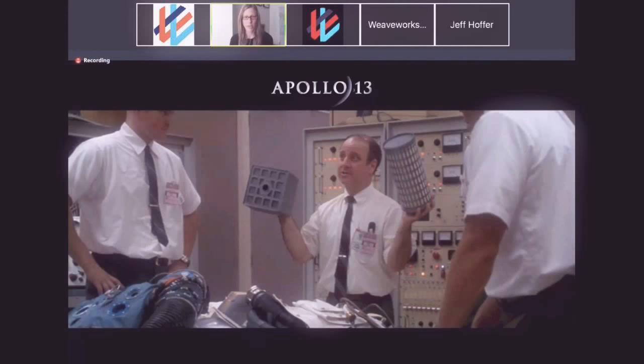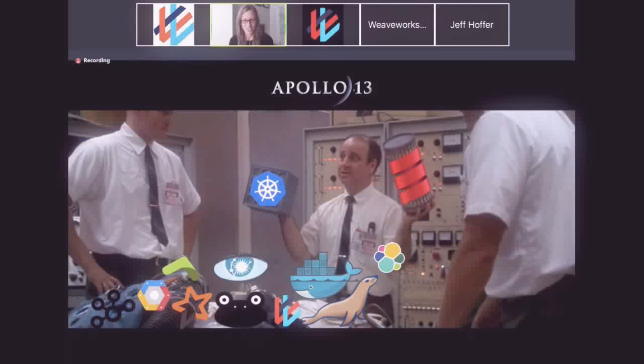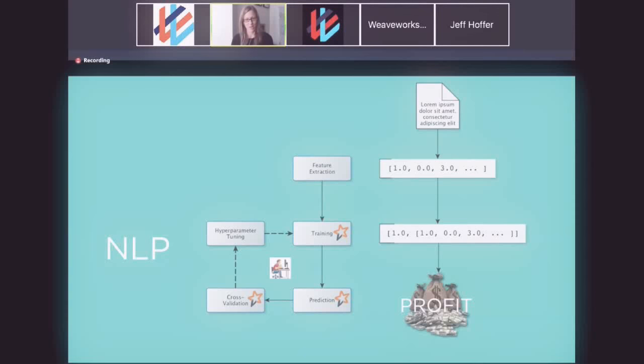And if you're not familiar with it, you might remember this scene from Apollo 13 where these rocket scientists get locked in a room and someone dumps this bag of parts onto the table and says, we need this one specific thing and this is all we have to do it with. It kind of felt like that trying to build this because there are just so many components. But what it does result in is a pretty scalable solution.